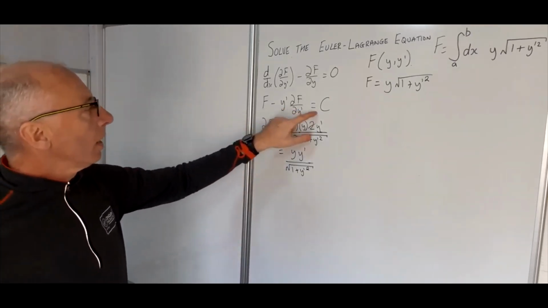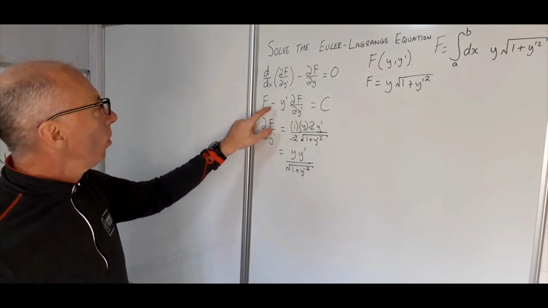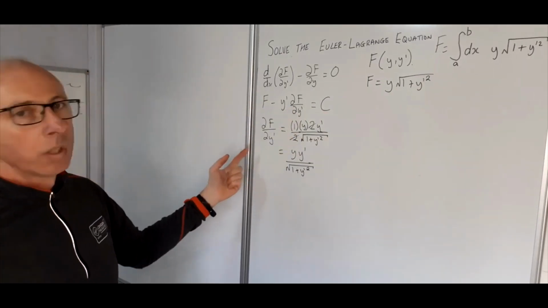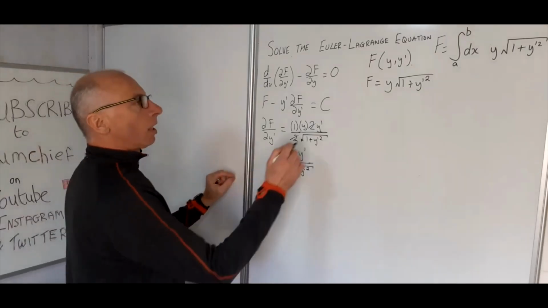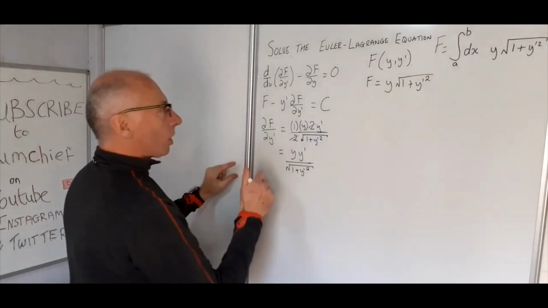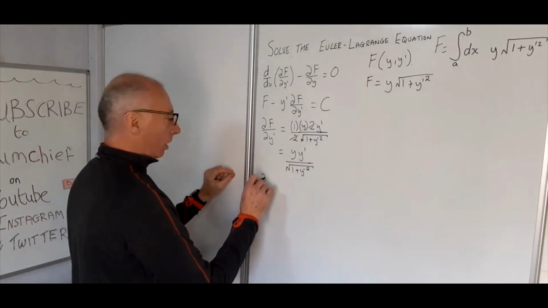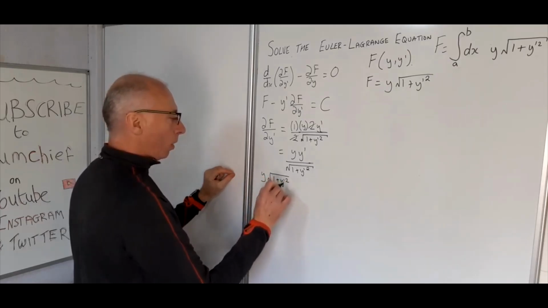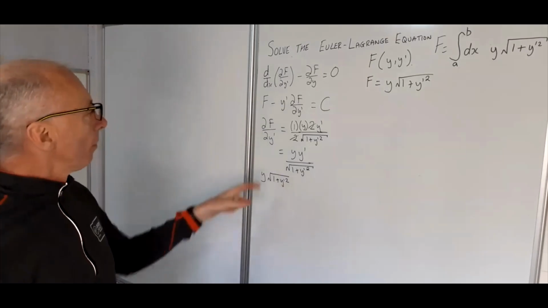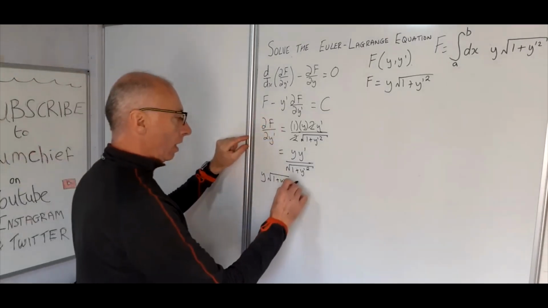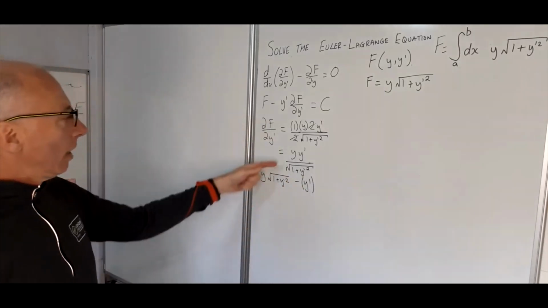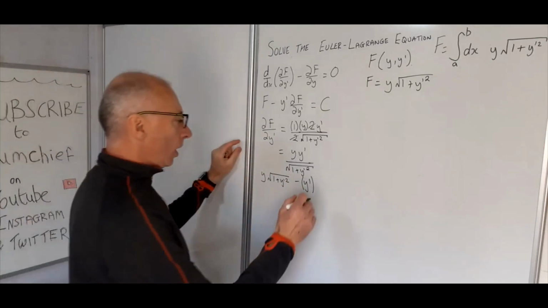Now we can write this, because we've got all the terms: the f, the y prime, and our partial. So we've got f, which is y times the square root of 1 plus y prime squared. Subtract from that y prime, and let's put that in brackets so we can see that it's separate, and then multiply it by this partial here.